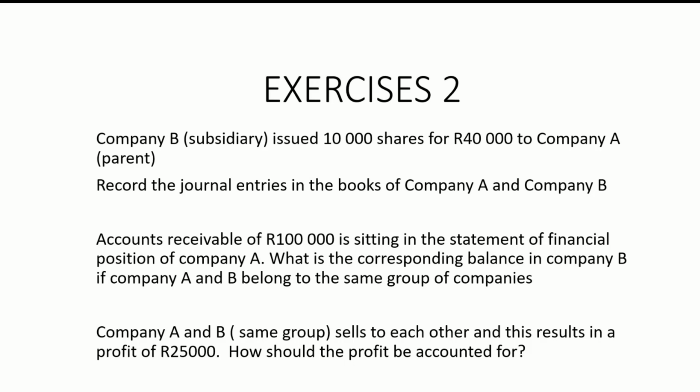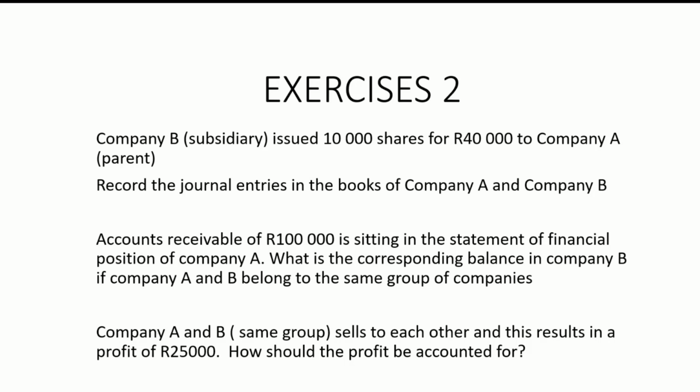Alrighty, good. Let's continue. So who can give me the answer for the first one? Company B, the subsidiary, issued 10,000 shares for 40,000 Rand to Company A, the parent.